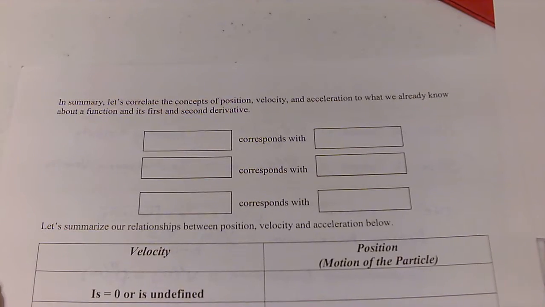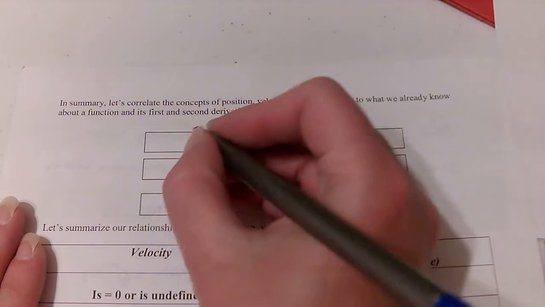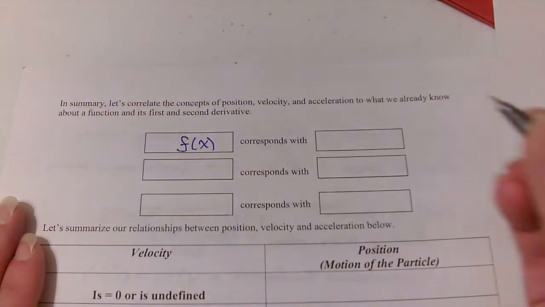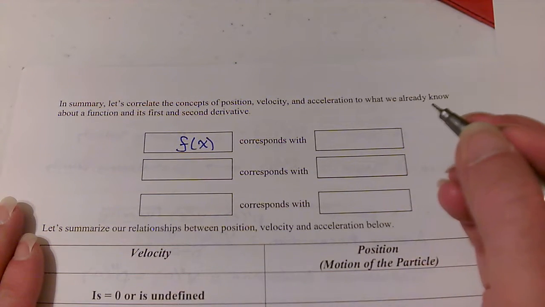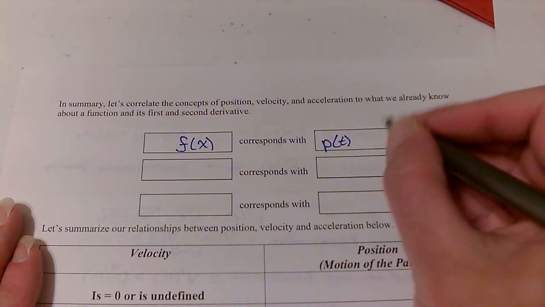So let's kind of summarize this. When we were talking about functions, our basic function, basic graph was f of x. When we're talking about particle motion, that corresponds with our position.